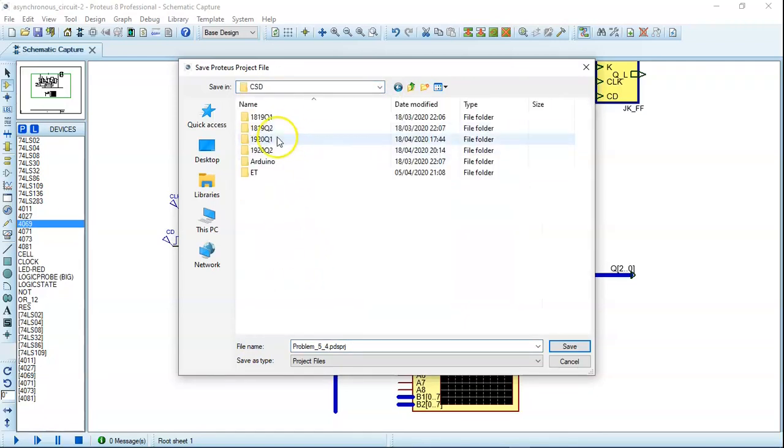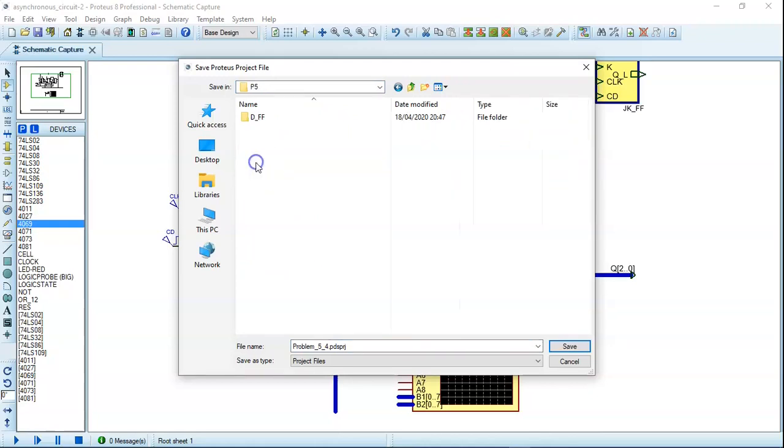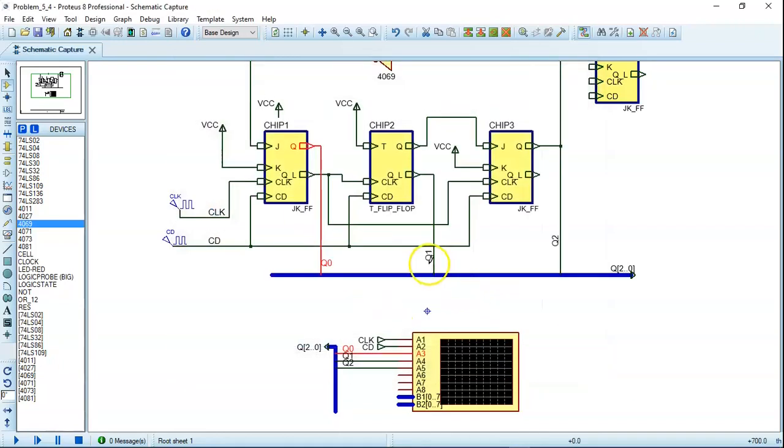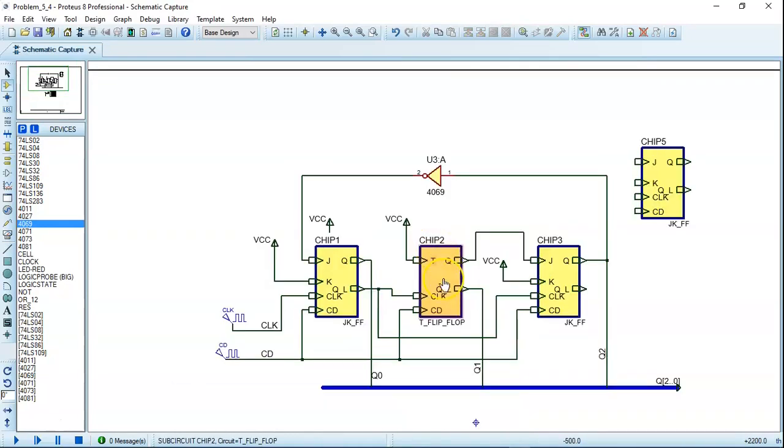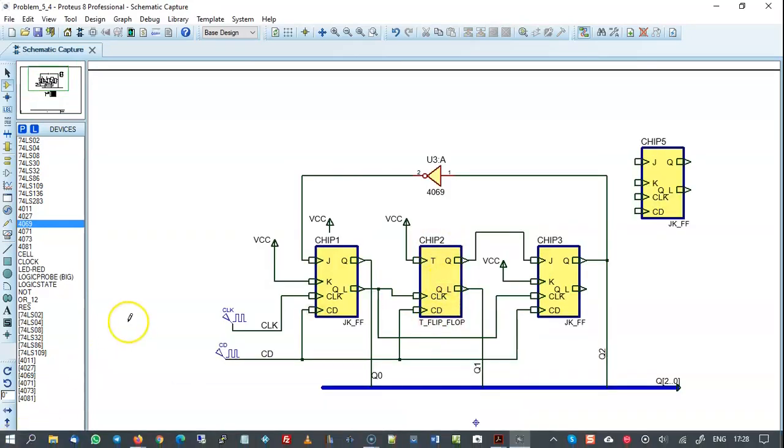L CSD, get P5, and now you can generate a new folder which is going to be P for 5, for example, 5_4. So here is a good place to save this file, and you've got it. Now it's time for running the simulation.